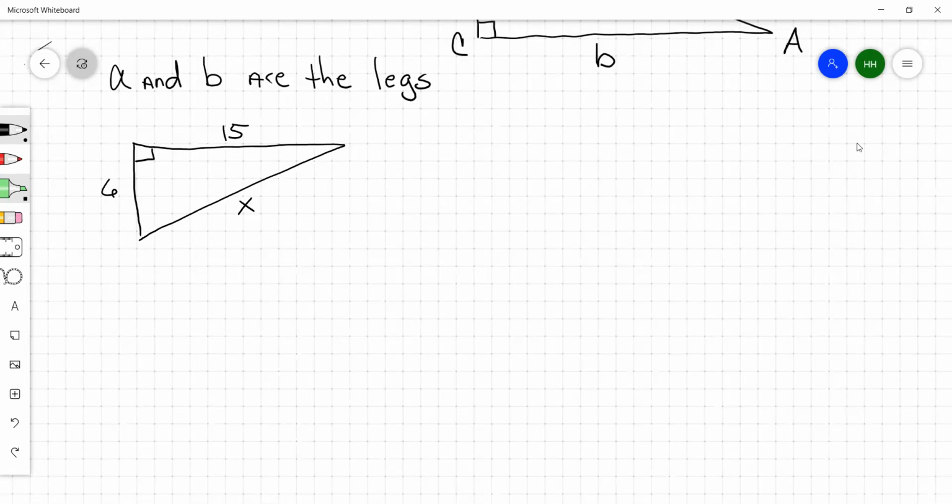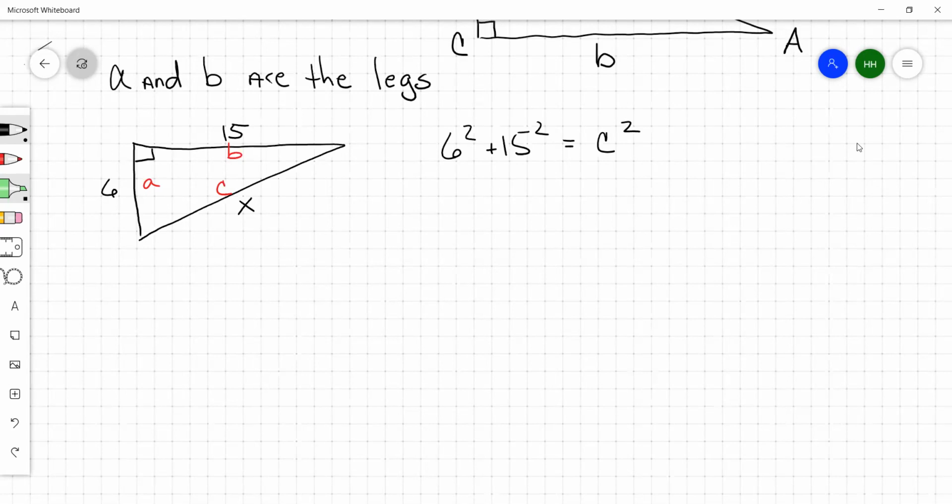All right, so the legs are your A and your B. You can label them if you like, A and B. The hypotenuse is always side C, or X in this case. So you've got 6 squared plus 15 squared equals C squared or X squared. It doesn't matter which one you call it right now.